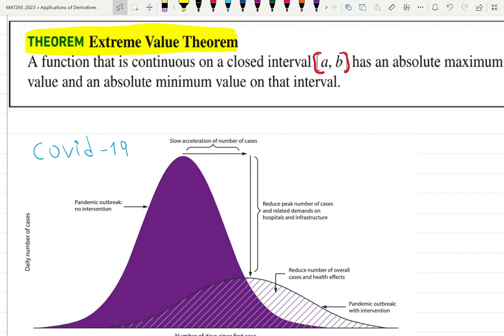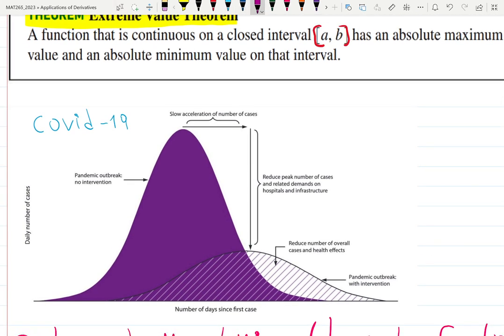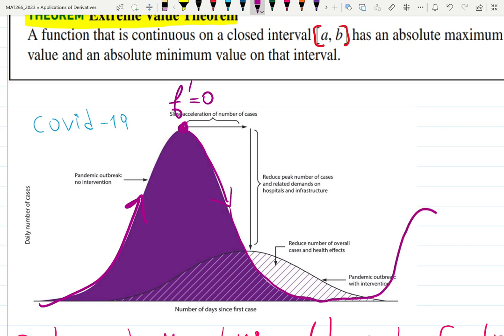Now the next question I wanted to ask: what if, I will use the same purple color, the number of cases of COVID was increasing, reached its maximum, and we already agreed the derivative is 0 here. Going down, the derivative is negative, decreasing, reached its minimum, and then the second wave started, which unfortunately was the case. So now we have two hills.